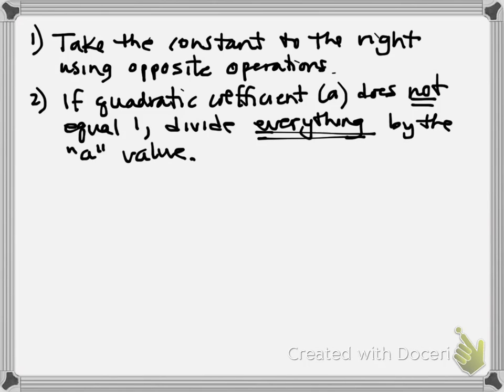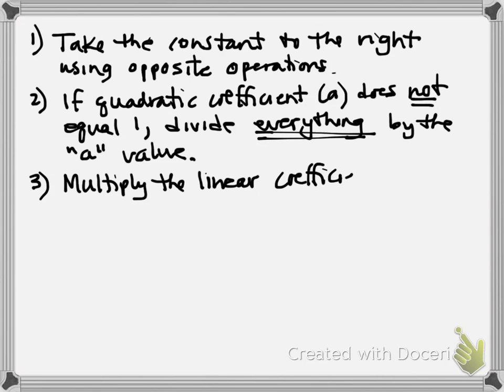Now comes the weird step. Multiply the linear coefficient by 1/2. That's the first bit. Square that number, then square it.